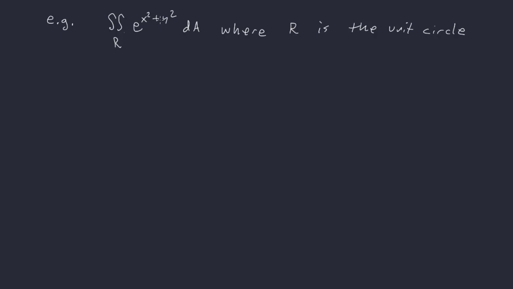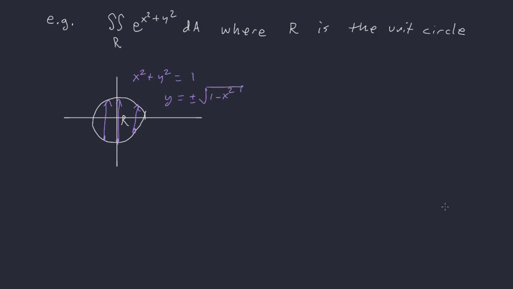So there are two big issues here. One is for the unit circle, whether we think about it as going bottom to top or left to right. I'm going to do bottom to top. Well, the unit circle is the formula x squared plus y squared equals 1, which if we solve for y gives us y equals plus or minus the square root of 1 minus x squared.